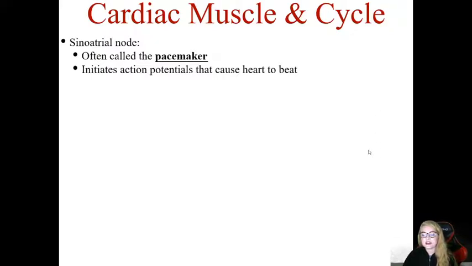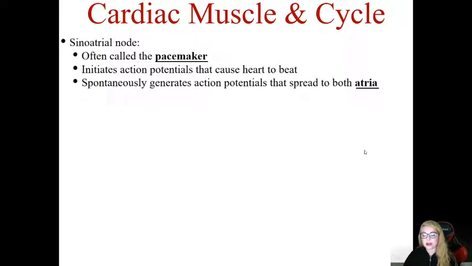It spontaneously generates action potentials that spread to both the atria, the left and the right atrium, and this signals them to contract. In the previous video, we talked about that contraction and relaxation. The SA node is what's controlling that contraction and relaxation.